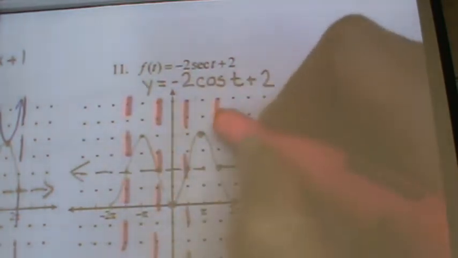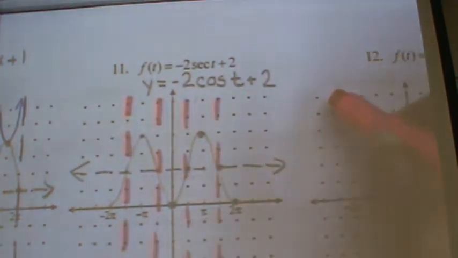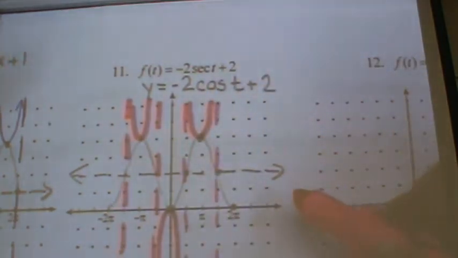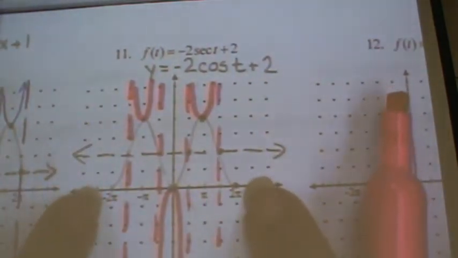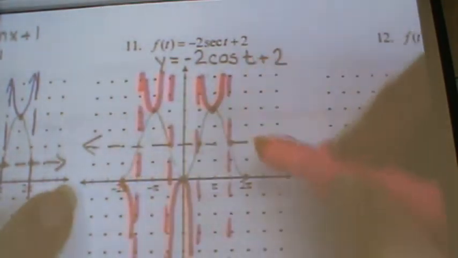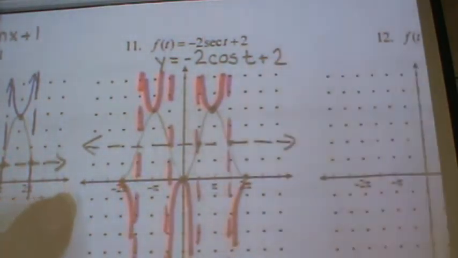You want to contrast your answer. Now, they're asking you to graph from -2 pi to 2 pi. So you want that piece and that piece.